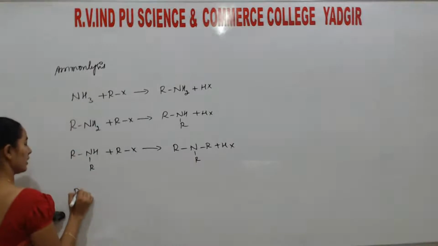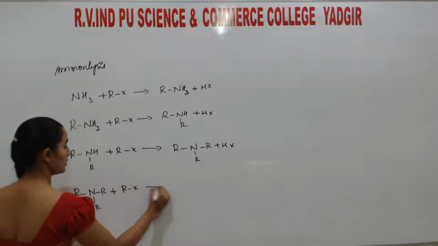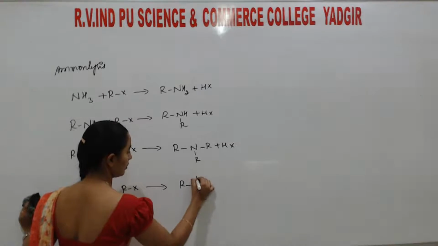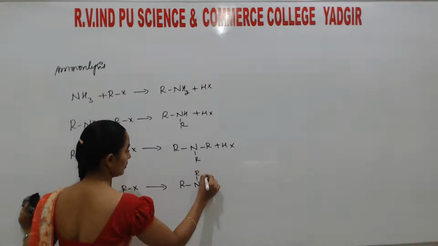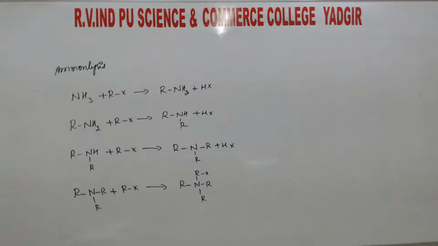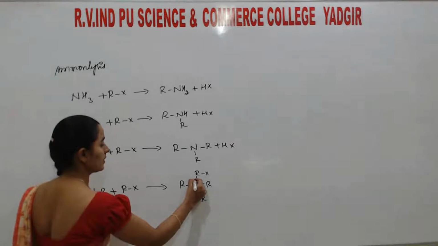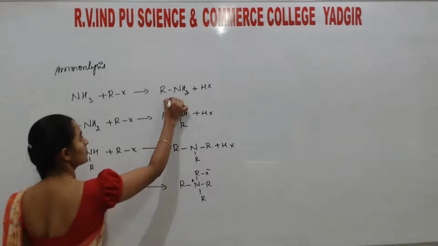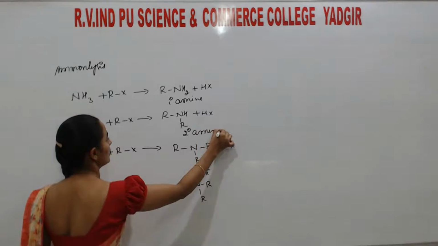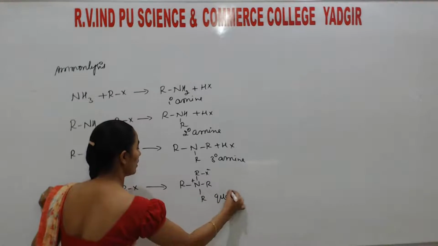Then R3N plus RX gives R4N+ X-. This is plus, this is minus. So students, this is primary amine, this is secondary amine, this is tertiary amine, this is quaternary ammonium salt.